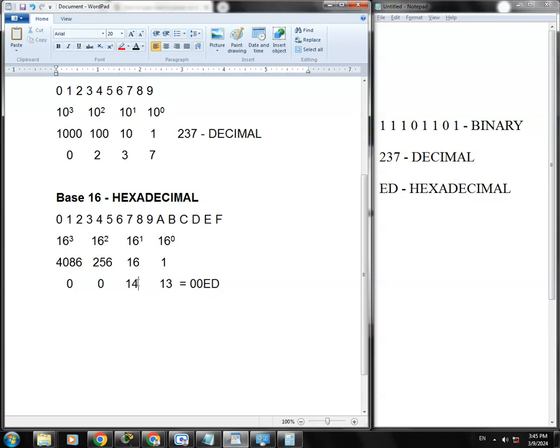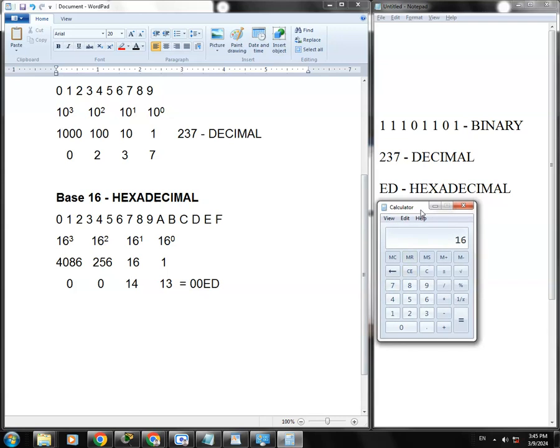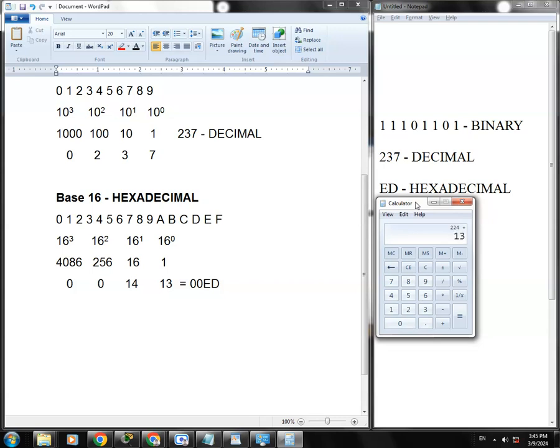And for the value of D, we do know that this is the number 13, because 9, 10, 11, 12, 13, it's D. So using this formula, we just need to multiply 16 by 14. 16 multiplied by 14 equals 224, and then we need to add the remaining, which is the 13. Plus 13.